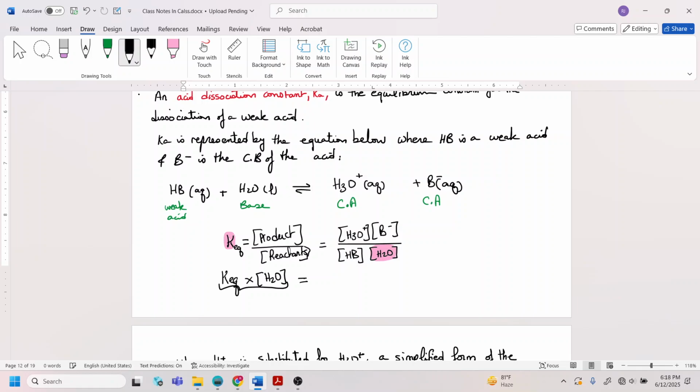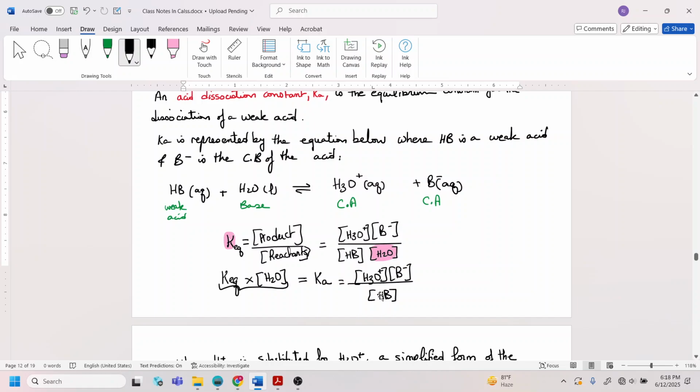We're going to call both of these Ka, K of the acid. So what is K of the acid? Ka is simply K equilibrium multiplied by the concentration of water. This has a constant value for every acid, and its value is going to differ from one acid to another. So Ka is equal to the concentration of H3O+ multiplied by the concentration of B minus, divided by the concentration of HB.